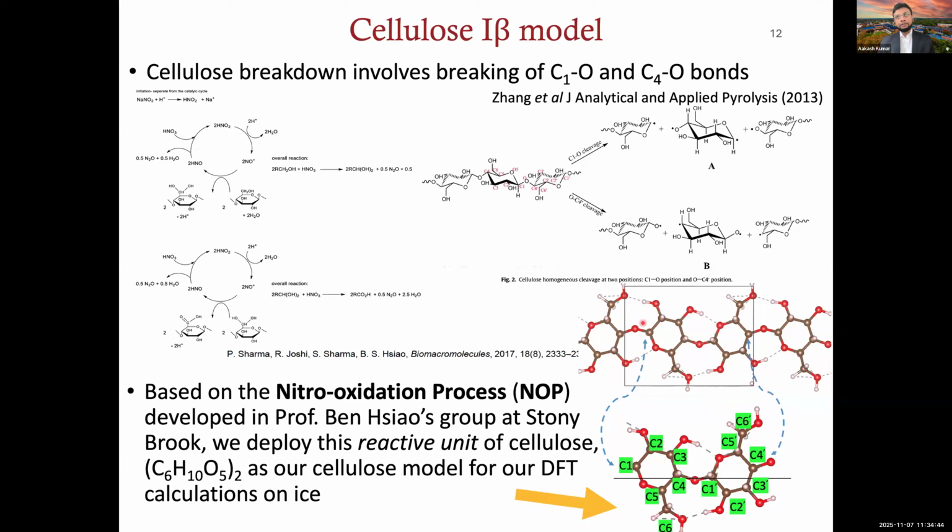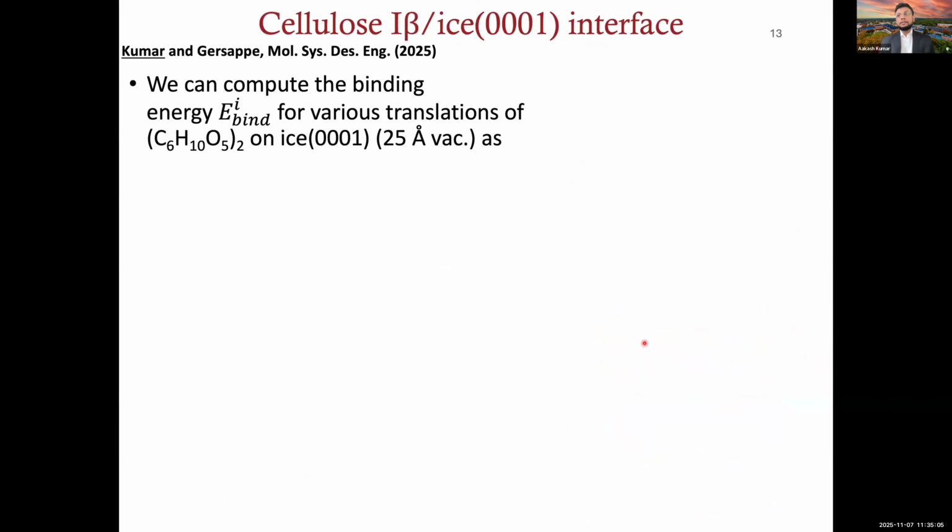We call it reactive because to make this model, we take a chain of cellulose and break this C1-C4 bond, mimicking what happens when cellulose is treated and then binds to ice and water. And with that, we can proceed.